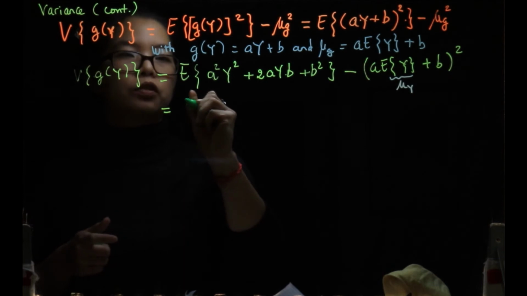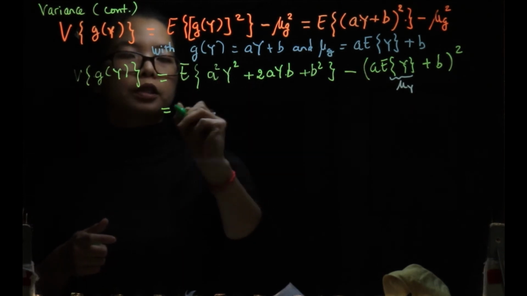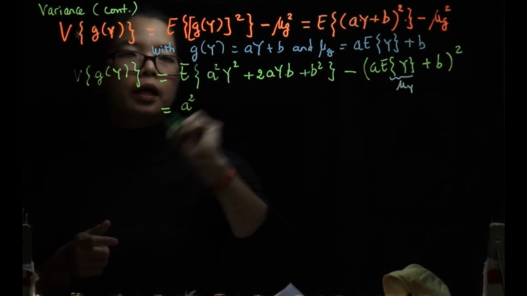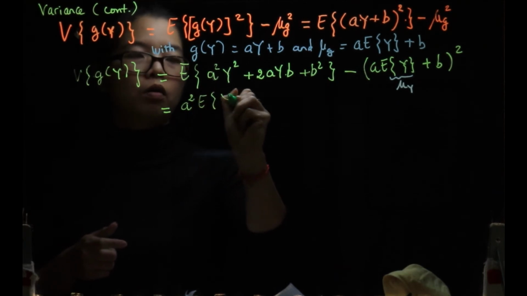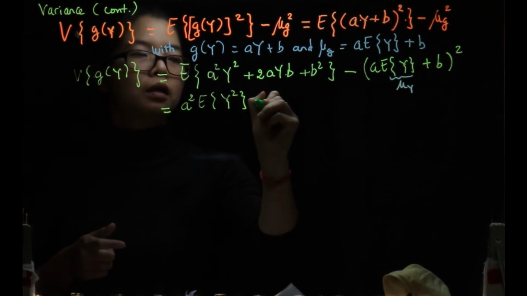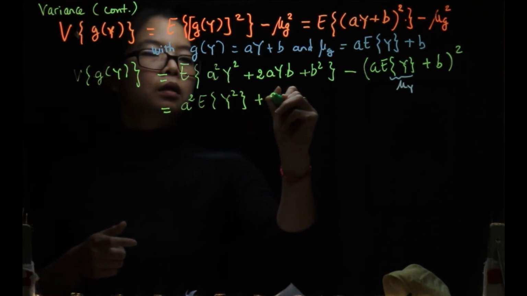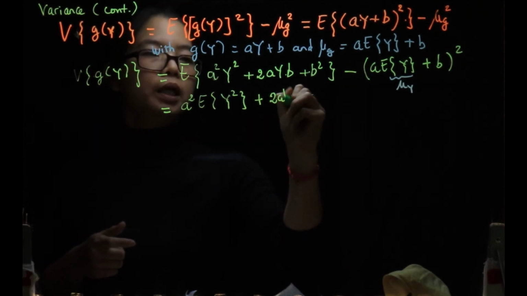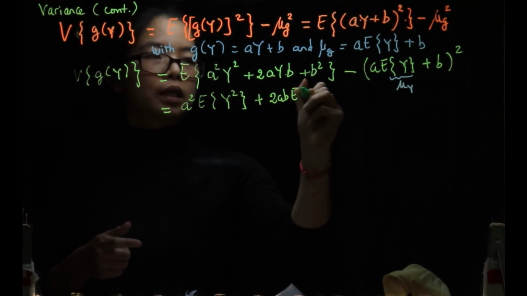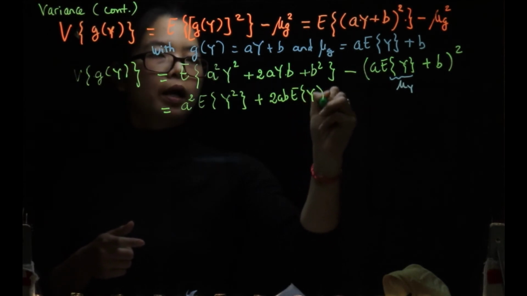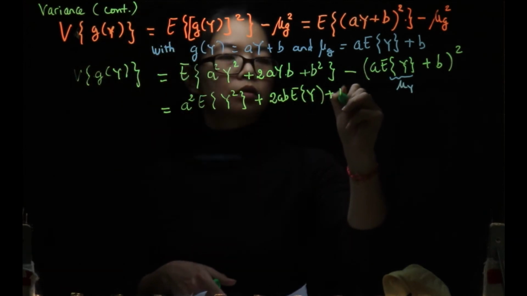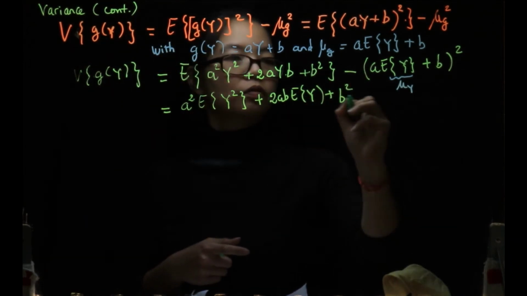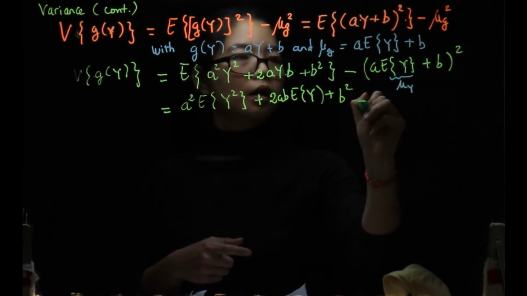Again, linear operator, so constants move out: a square times E of y square, plus 2ab times the expectation of y, plus b square. It is constant, so no need for expectation there, just itself.